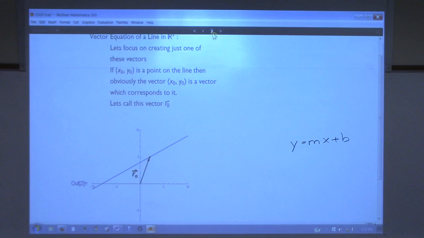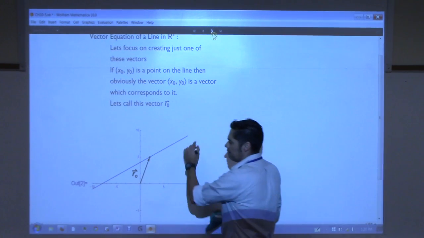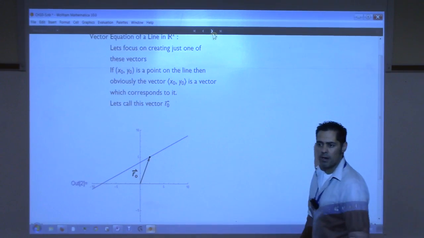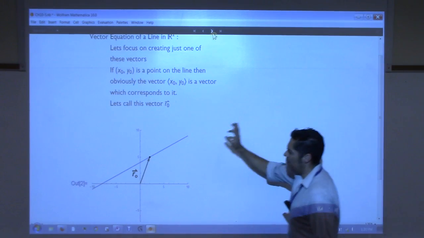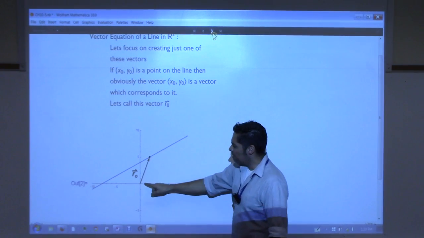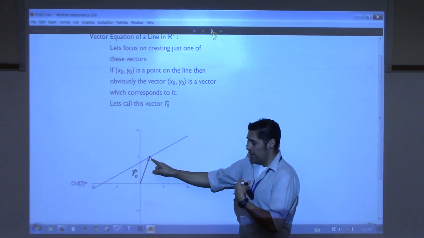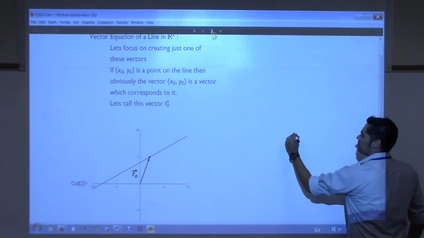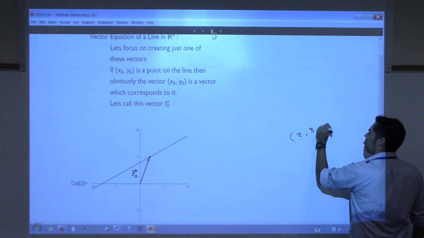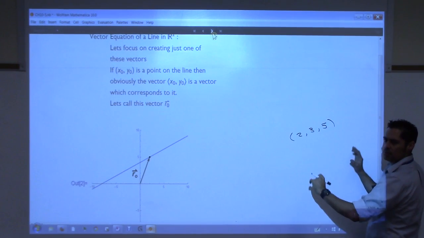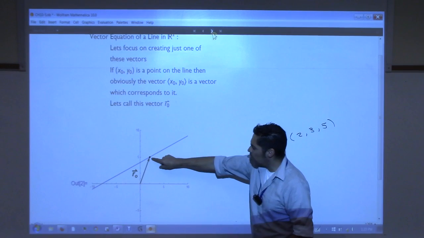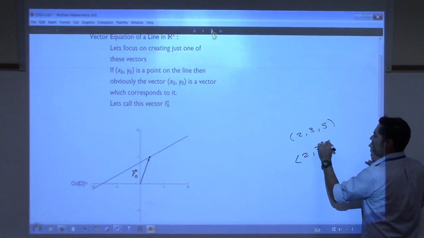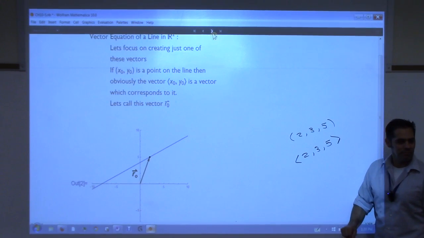And here's how we're going to do it. So let's say we have a line. First of all, I have some point that lives on that line, right? So any point. Just pick some point on that line. And do you agree that if I know what that point is, then I can always generate a vector that goes from the origin to that point? For example, if that point was the point 2, 3, 5, let's say in three-dimensional space, instead of on a flat sheet of paper, then wouldn't the vector 2, 3, 5 point to that point from the origin?